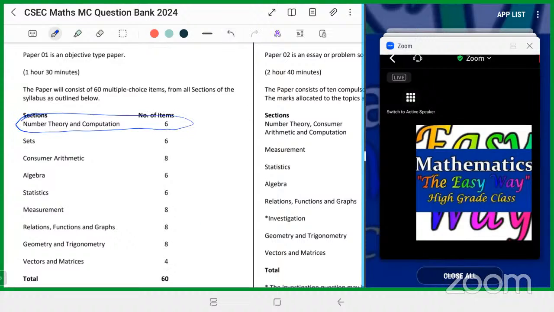6 of them will be on number theory. 6 of them will be on sets. 8 of them will be on consumer arithmetic. 6 will be algebra, 6 statistics, 8 measurements, 8 functions, relations, and graphs, 8 geometry and trigs, and 4 matrices and vectors.